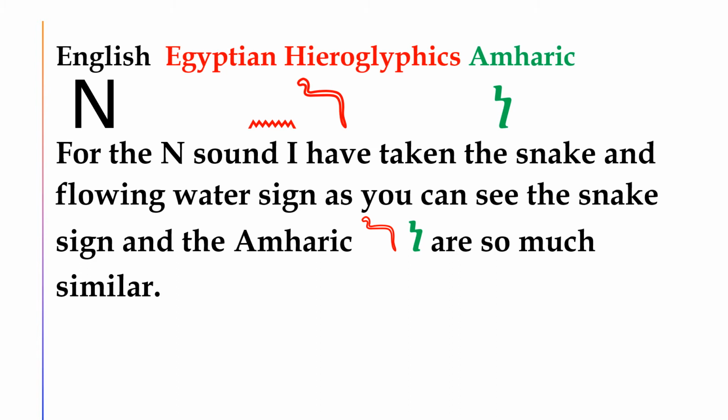And also, when a snake bites you, we call it nadafa. To bite means to nadafa. So it also starts with an N sound. So that's why I have added this Egyptian symbol for the N sound.